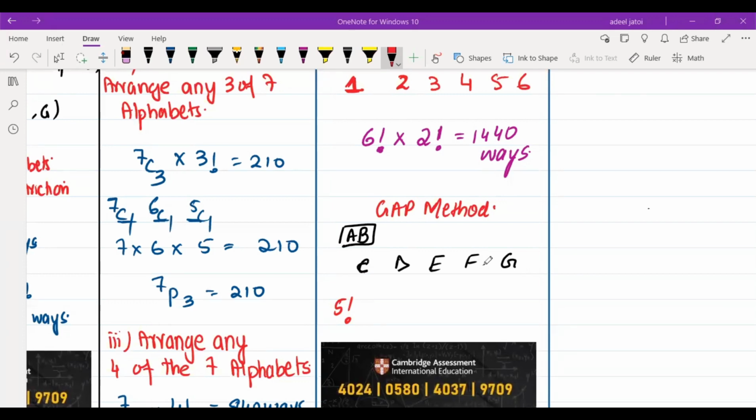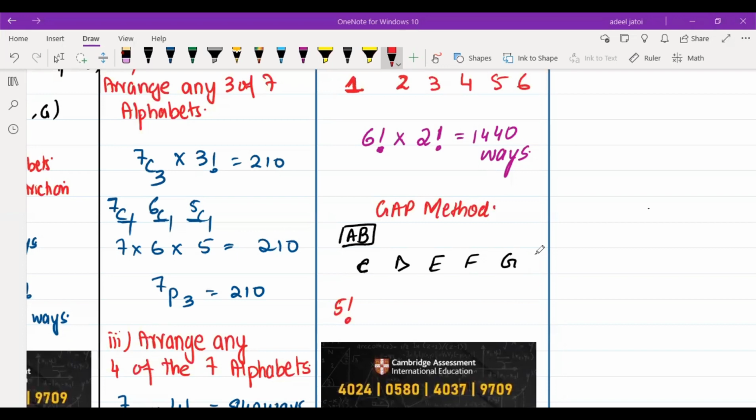Now, what we need to understand is that this particular block AB has to come in any of the gaps. How many gaps do we have? We have 1, 2, 3, 4, 5, 6. In 5 alphabets, we have 6 gaps. We can adjust AB before any alphabet, here, here, here, and at this point as well.